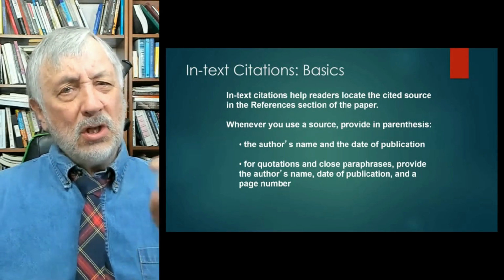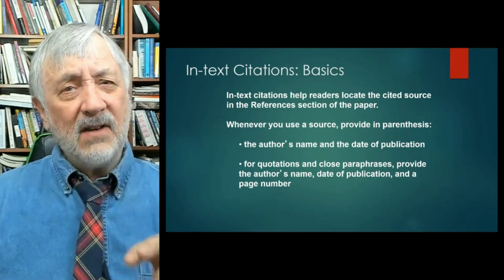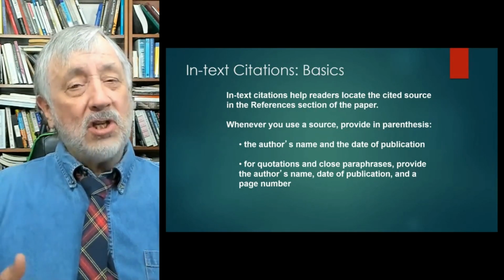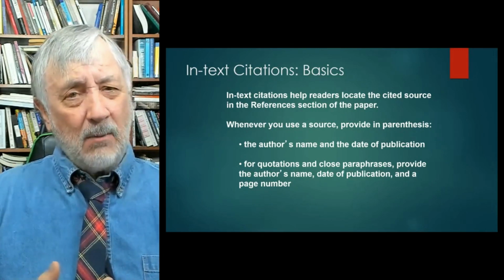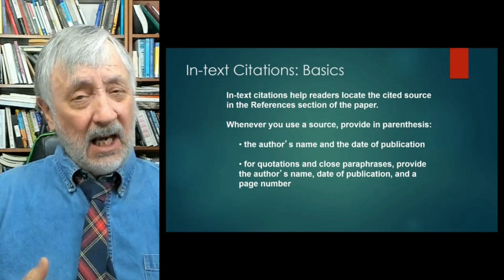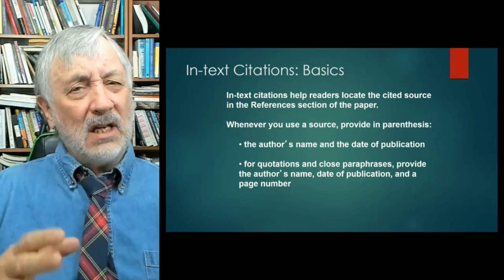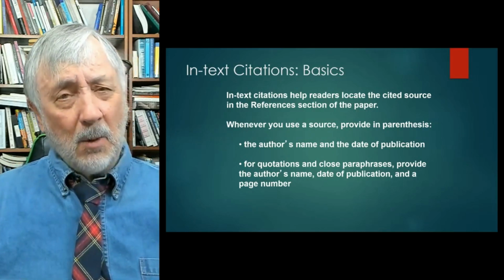You use two major, sometimes three major pieces of information, and these are usually in parenthetical format. Use the author's last name, not the initials, but the author's last name, and the date of the publication. Remember me saying the date is married to the last name of the author? And I'll show you how that's done in just a couple moments.